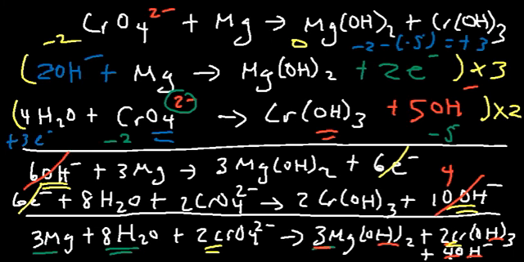And now for the oxygens, we have 8 oxygens here, plus another 8, that's 16. 3 times 2 is 6, 2 times 3 is 6, that's 12, plus 4, 16. Everything is balanced. And then finally the charges. So 2 times 2 is -4, and 4 times -1, -4. So everything is balanced in this video.